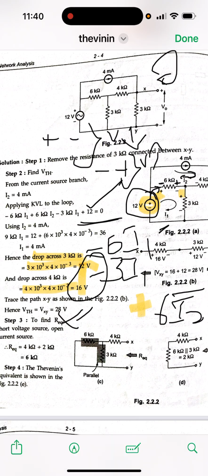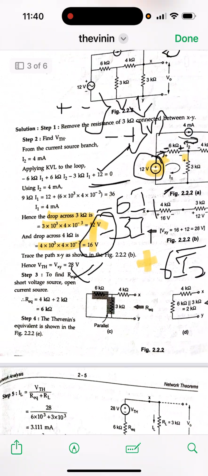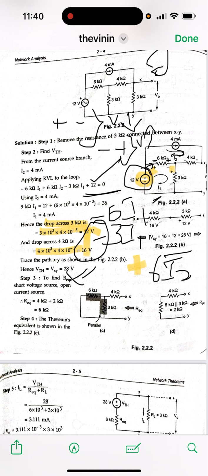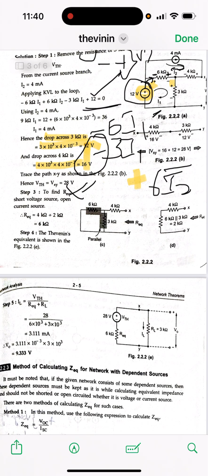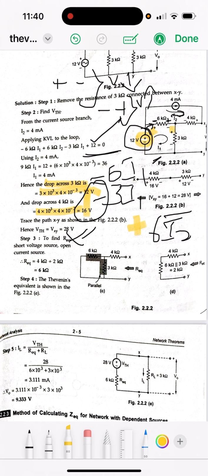So once you get the VTH, it's very easy to get the R equivalent also. Just add the two things. 6 and 3 are in parallel, so you'll get 2. Then this 2 plus 4, the 4 is there, no?